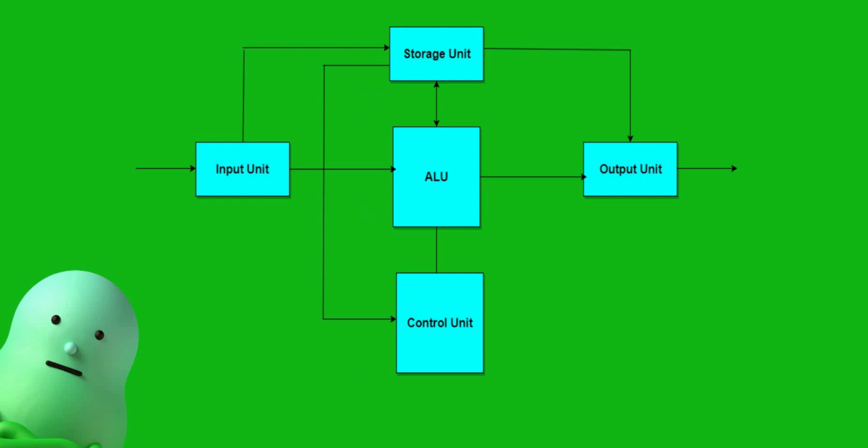The three parts of CPU are these: memory unit or storage unit, arithmetic logic unit, control unit. All these parts work together to process the input. Let us use the calculator on our computer to add two numbers.